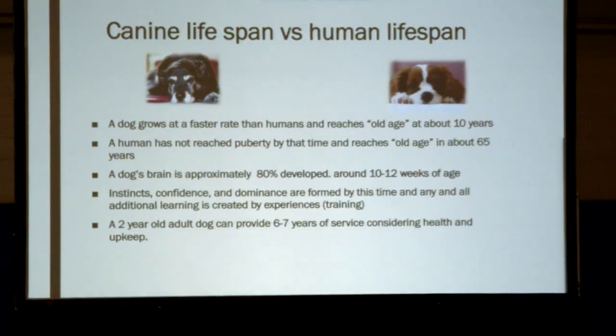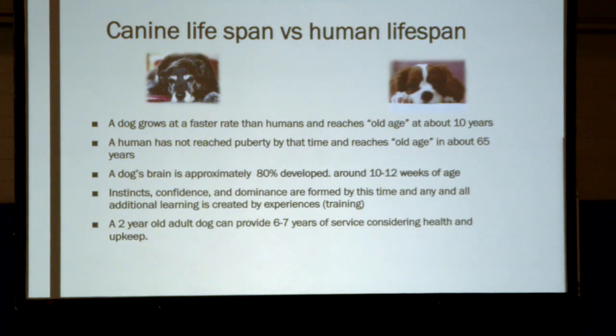Now, we have a time factor in training dogs. And the time factor is very fast with dogs because a dog dies of old age at about 10 to 12 years old. A human hasn't even reached puberty by that time and reaches old age at about 65 years old. And yet a dog's brain is approximately 80% developed at about 72 days of age.